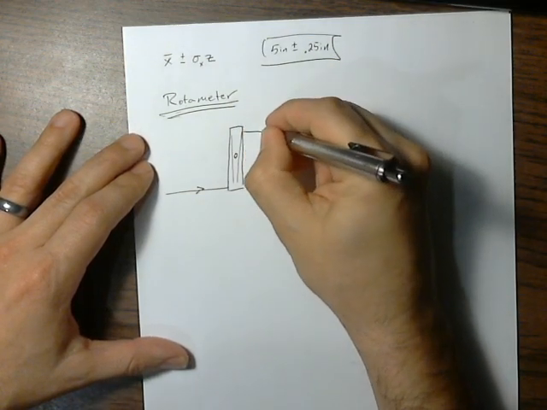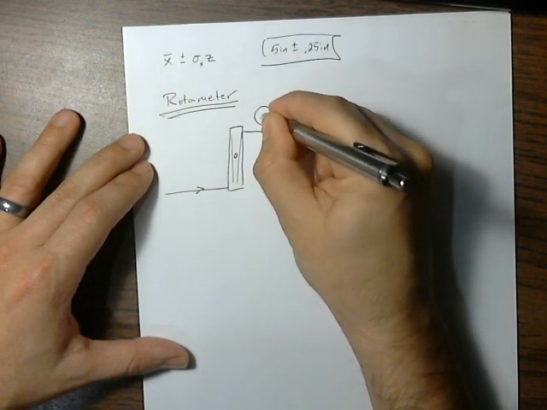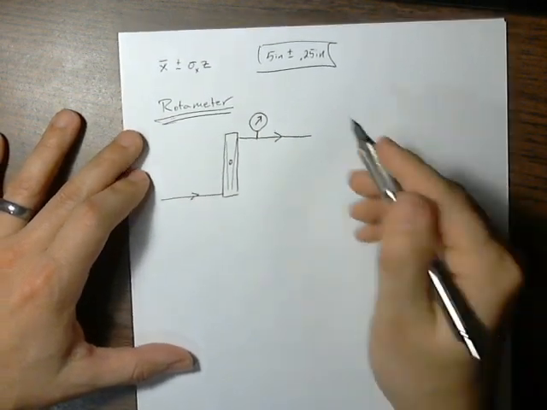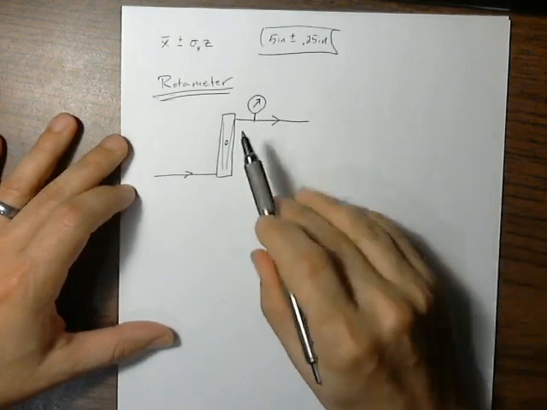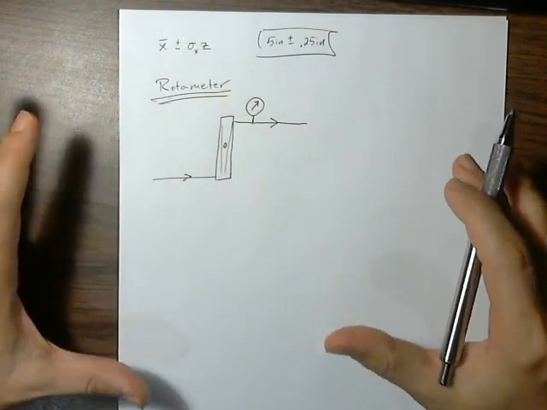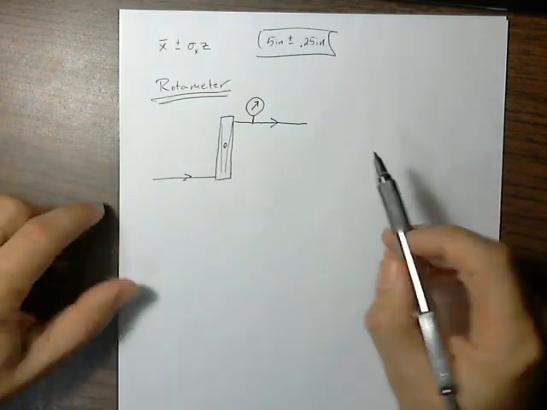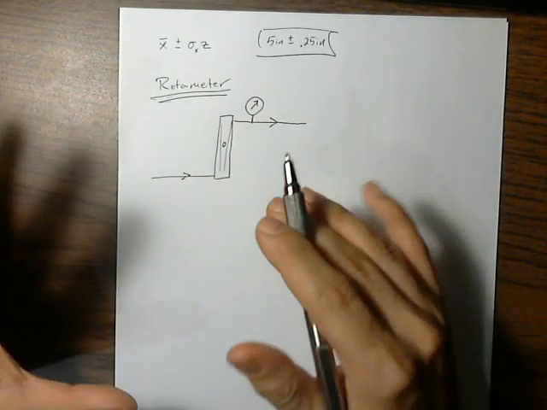And we also measure the pressure. Rotameters are just delightful little devices. It takes a very complicated problem, which is how do I measure the flow rate of a gas, and it solves it just very elegantly.